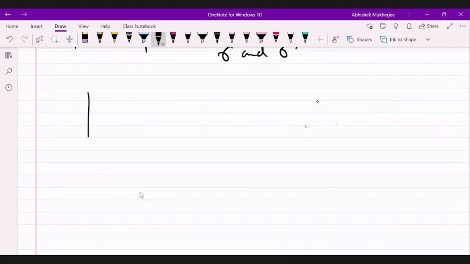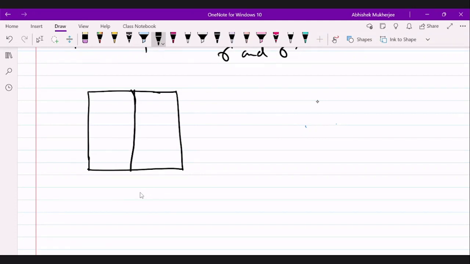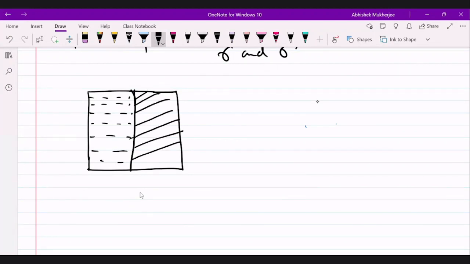So let us draw again. What we do here, we are adopting the same idea that we are dividing this square into two equal parts, by introducing half. Okay. 0, 0, 1, 0, 1, 1, and 0, 1.